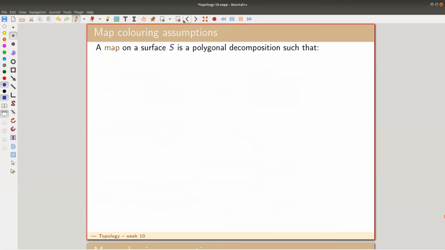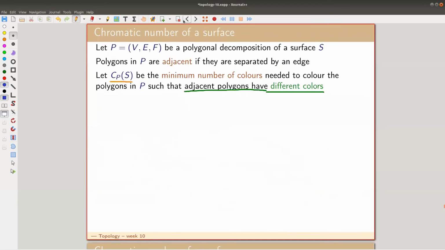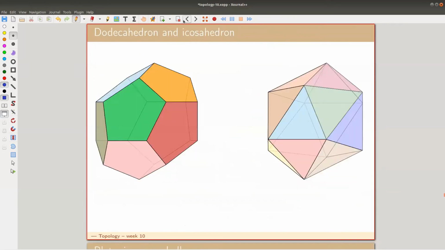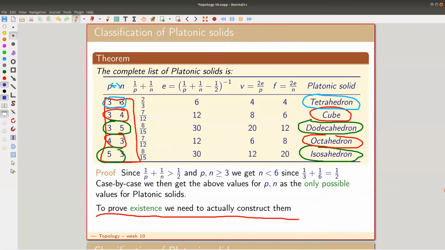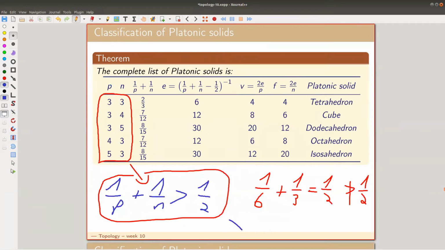So if you remember, going back quite a bit to the platonic solids, somewhere here, those guys are the average face degree and the average vertex degree, and they turned up in the most important formula we were able to derive from the Euler characteristic in this case. So 1 over the average vertex degree plus 1 over the average face degree is bigger than 1 over 2. Right? That was the conclusion we had here.